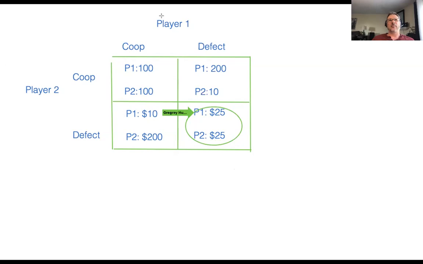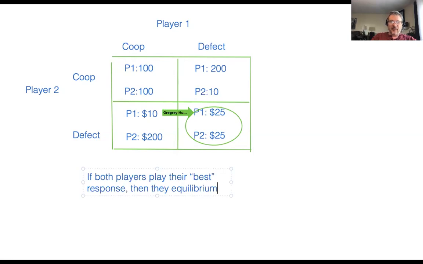So, you know, the key idea here is if both players play their, and I'll put it in quotes, best response, then the equilibrium is defect.